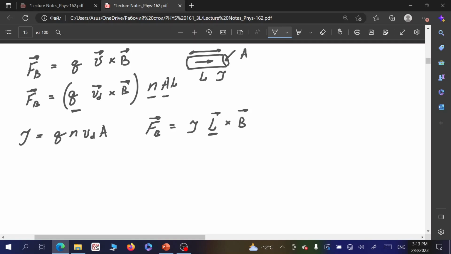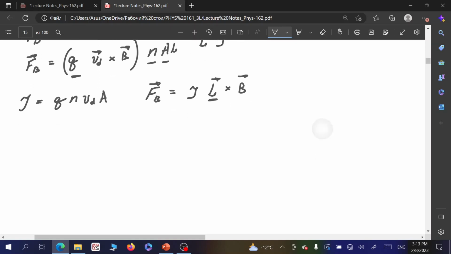So how do we deal with that? Let's say we have some conductor and an external magnetic field, B. Here we have some electric current, I, flowing through the conductor.